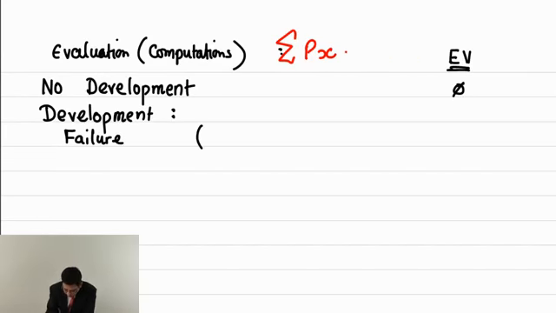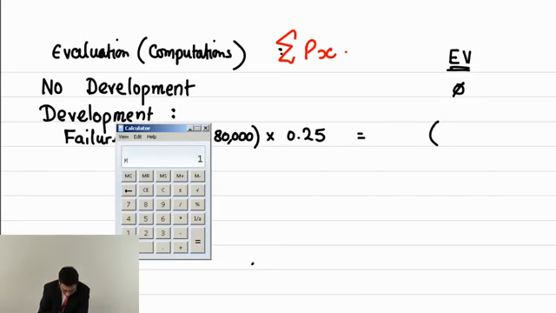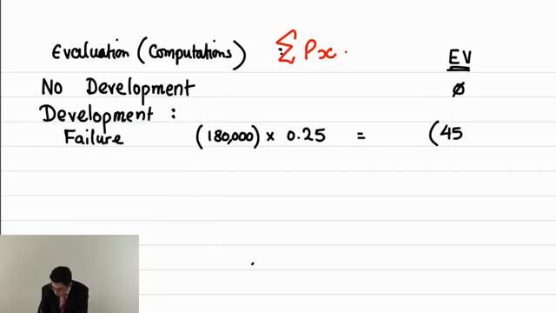Because we spent the money already, 180,000 times 0.25, and here is the expected value: $45,000, which is negative because it's a loss. So if we develop, we may fail, and in that case we may end up with a loss of 45,000.